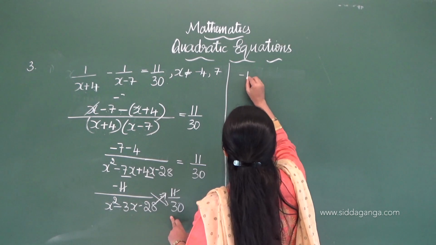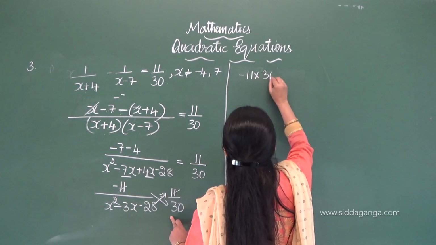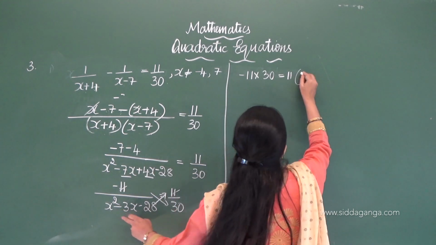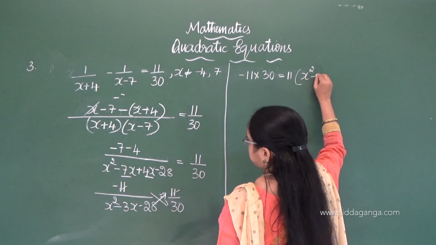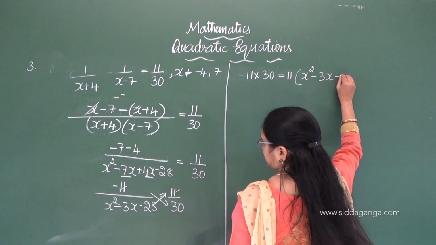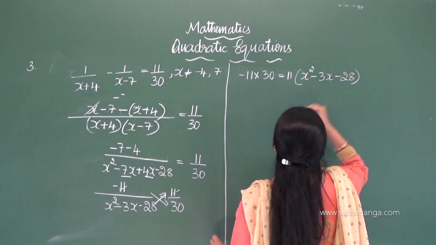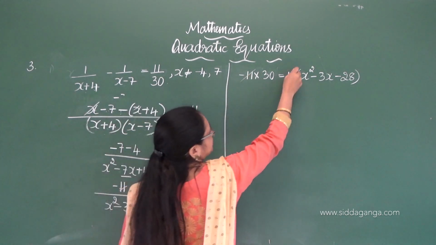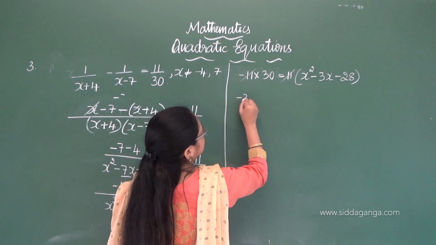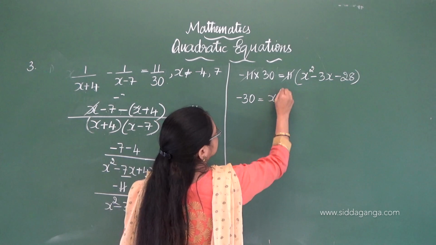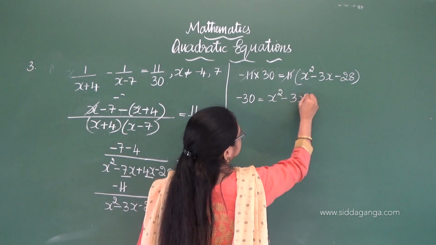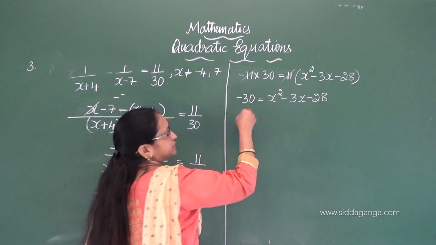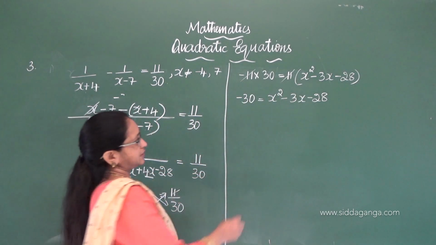So here minus 11 into 30 is equal to 11 into x square minus 3x minus 28. See, now I hope you understood why I cancelled 11. So here it will be minus 30 is equal to x square minus 3x minus 28. Now I will take this negative 30 to the other side.